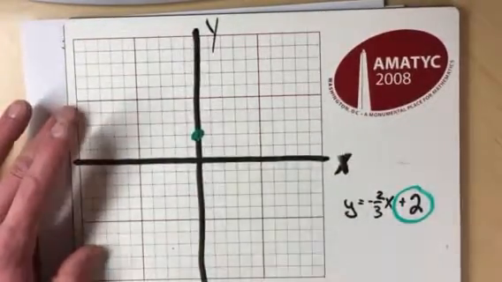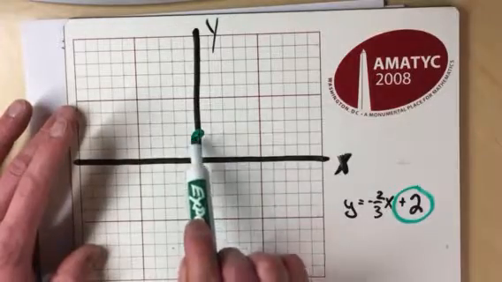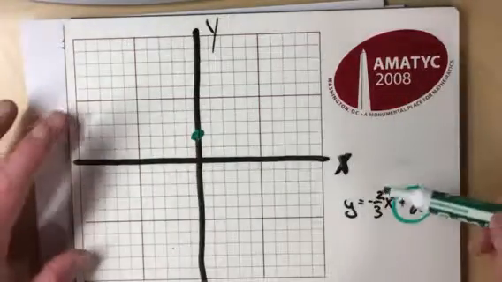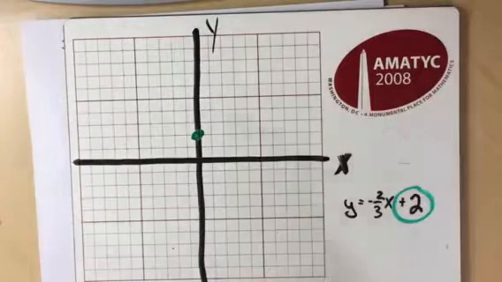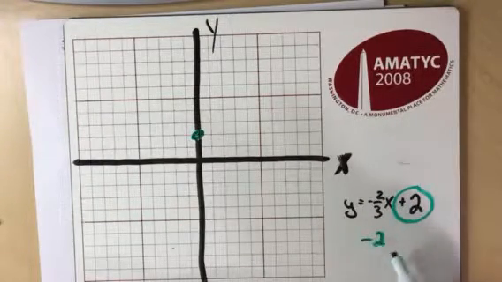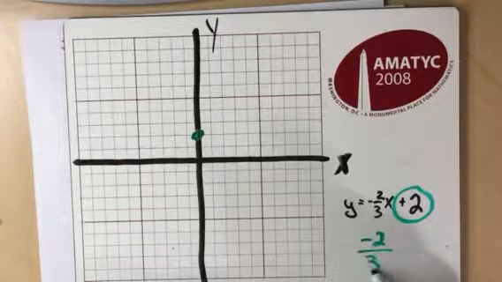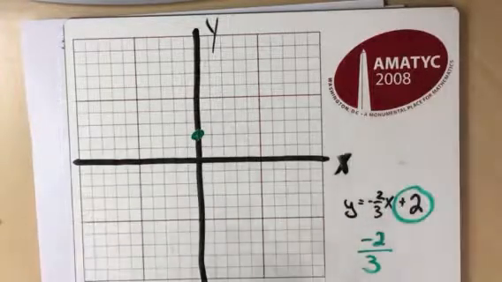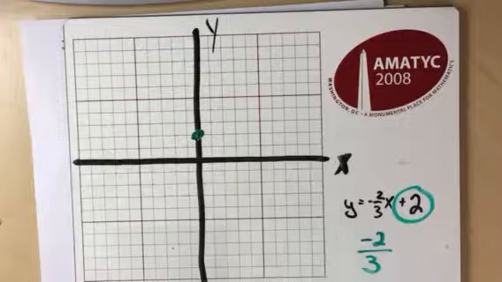Now, then we use the slope. From wherever that point was, we are going to use this slope. Negative 2/3. We can also think about it as negative 2/3, like that.